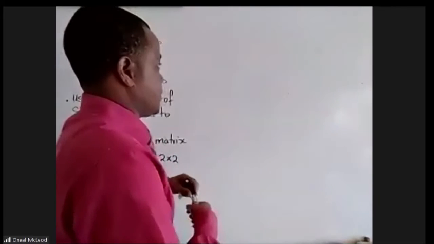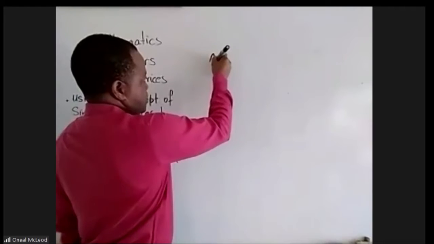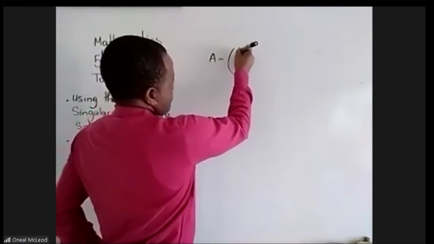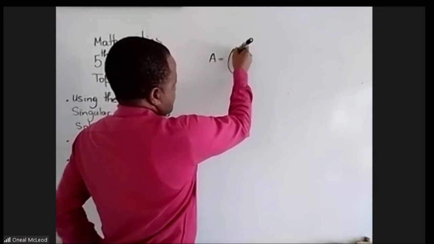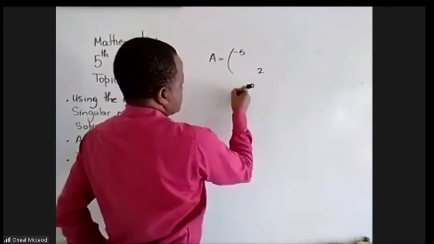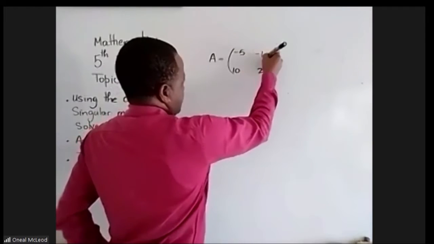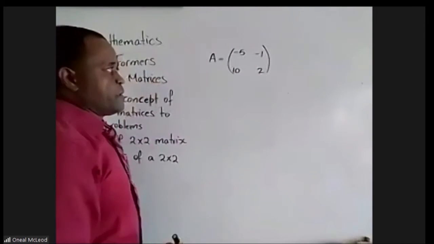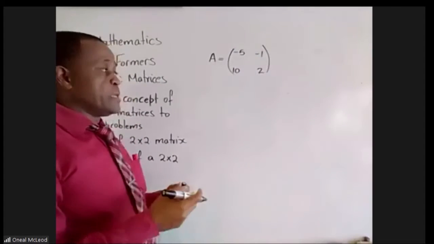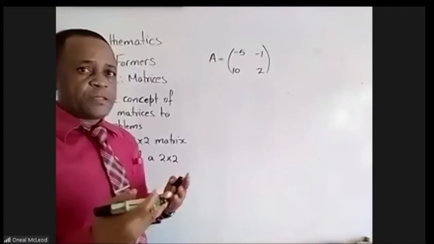All right, so for example, just by way of recap, if I should put the matrix A and I say we have -5, we have 2, we have 10, we have -1. And I want to determine if that matrix is a singular matrix. All right, so determining if A is a singular matrix, all I need to do is to find the determinant.